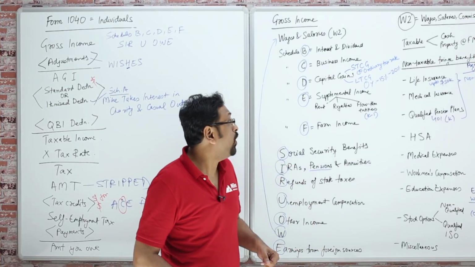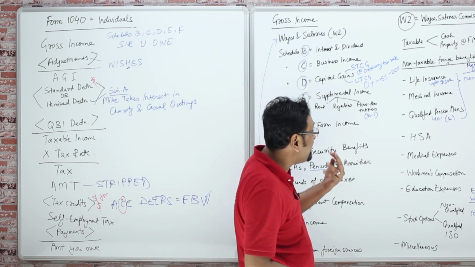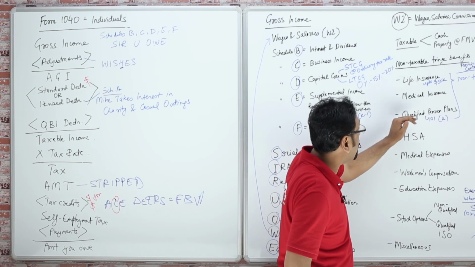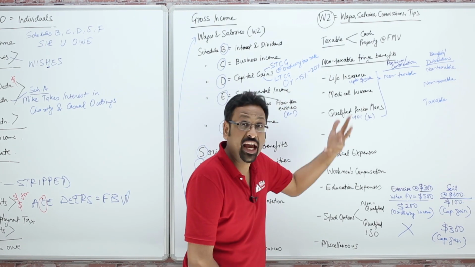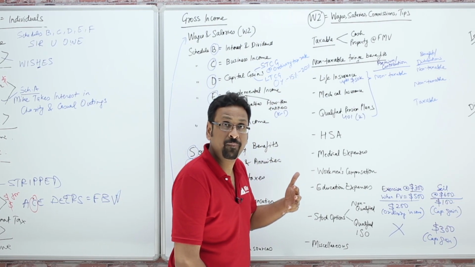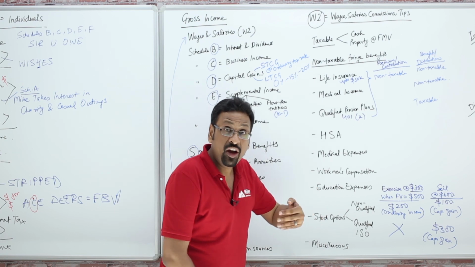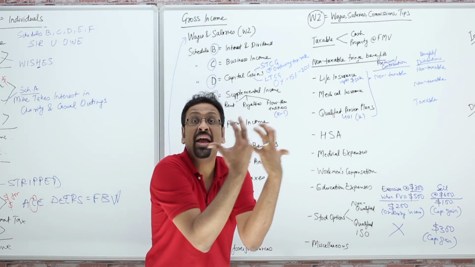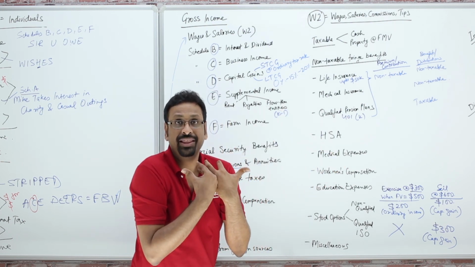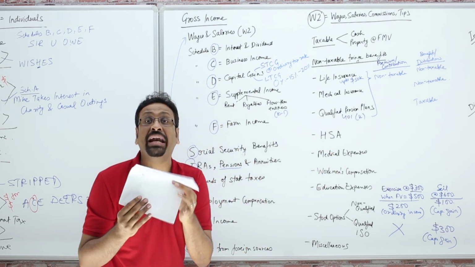We've seen that when employers set aside money towards qualified pension plans, it's a non-taxable fringe benefit to the taxpayer. However, when the taxpayer retires and starts getting those pension benefits, that is income on 1040.